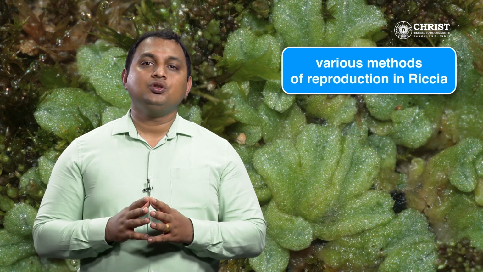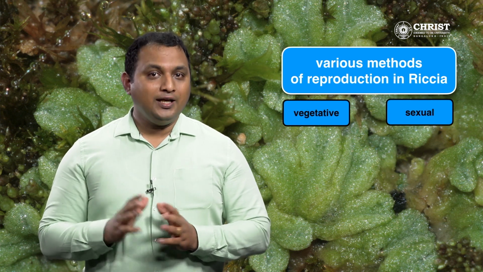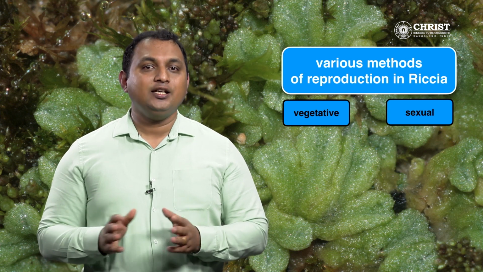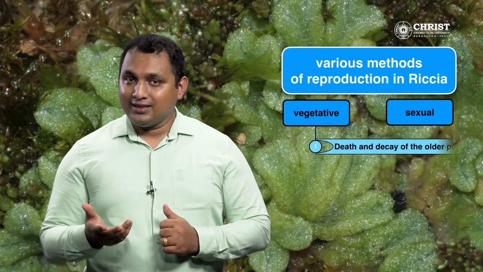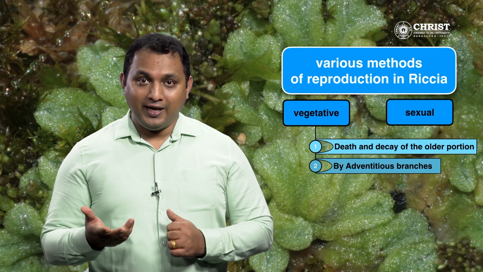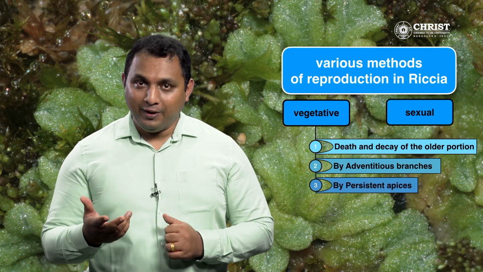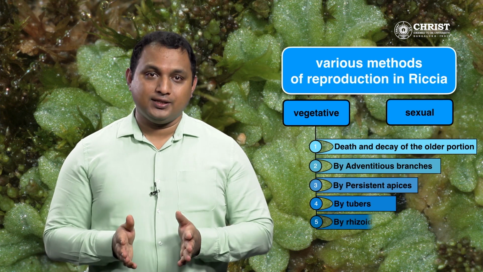Riccia reproduces by vegetative as well as sexual methods. Vegetative reproduction in Riccia is quite common and takes place by the death and decay of the older portion of the thallus, by adventitious branches, by persistent apices and by tubers and rhizoids.